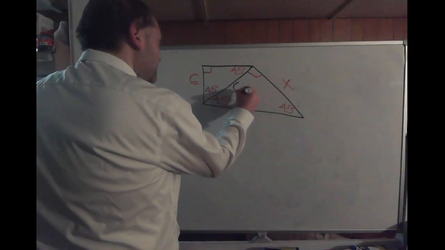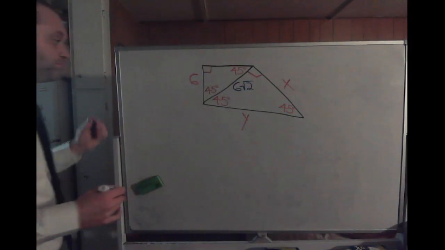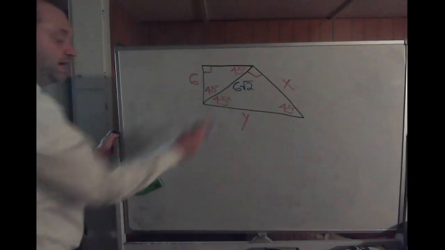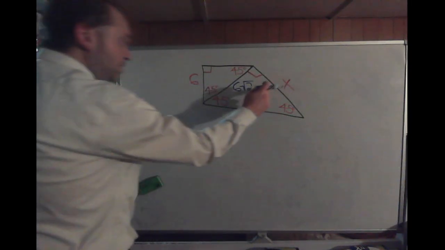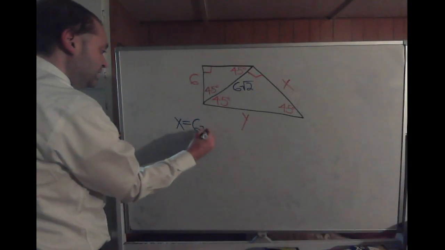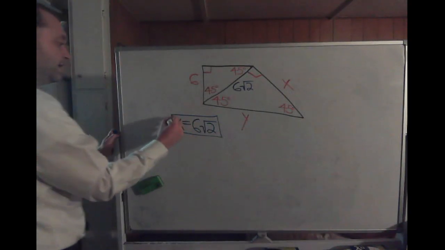So the length of this leg is going to be 6 times the square root of 2. And that's opposite from a 45-degree angle, which means the length of x would also have to be 6 times the square root of 2, since if they're across from a 45-degree angle, they're the same length.